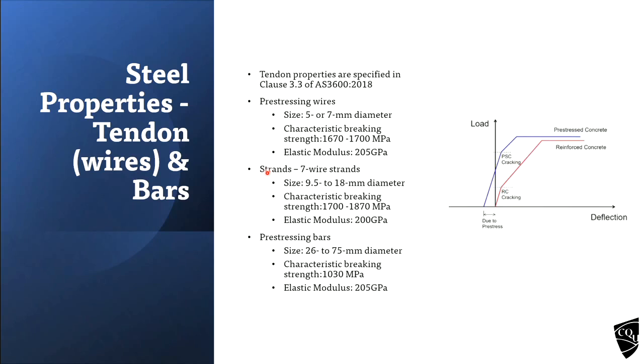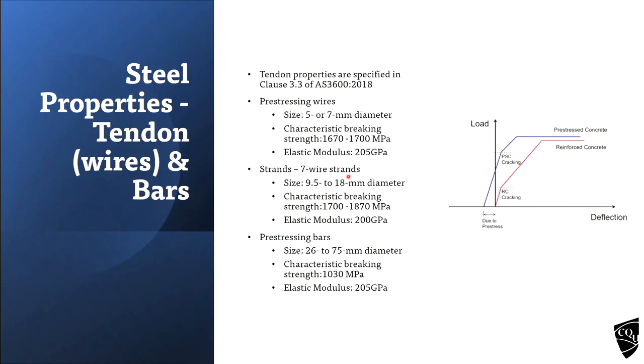You put the number of wires and twist them to make a strand. The pre-stressing bars are normally used if you have straight tendons. That is separate. So a couple of wires make a strand, and a couple of strands make a tendon.